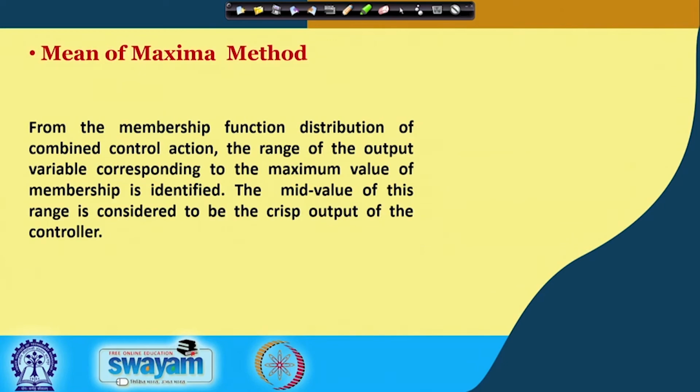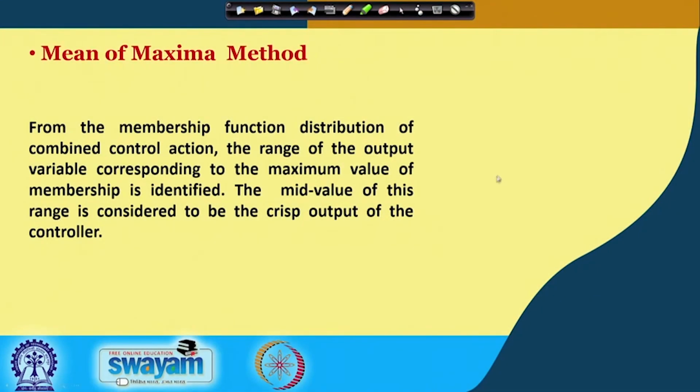Now, if I compare these three methods, the question may arise: which one is the best? It is a bit difficult to say which one is the best, but in terms of computational complexity, the mean of maxima method is computationally the fastest one.